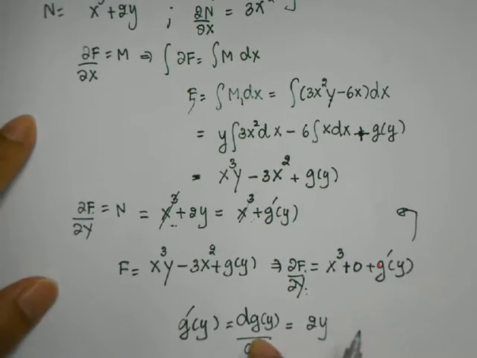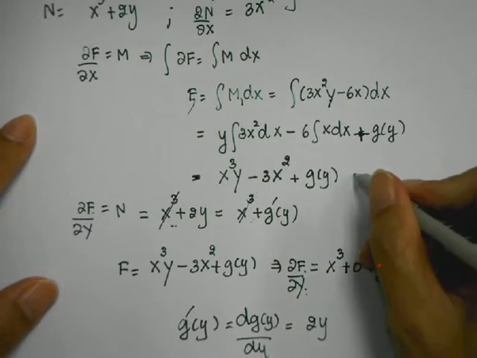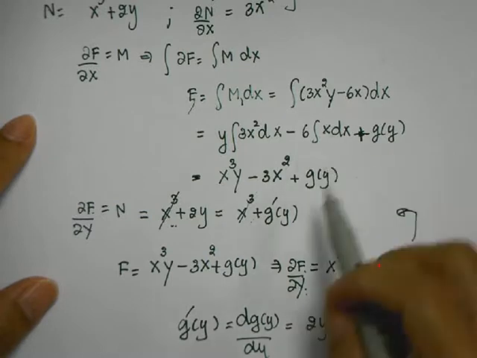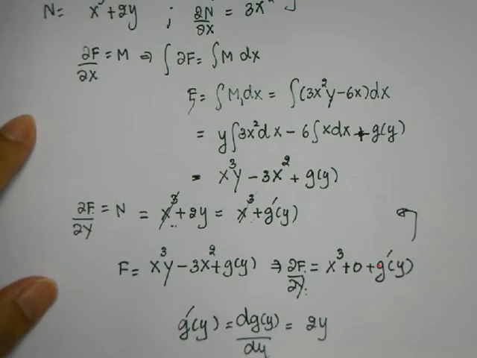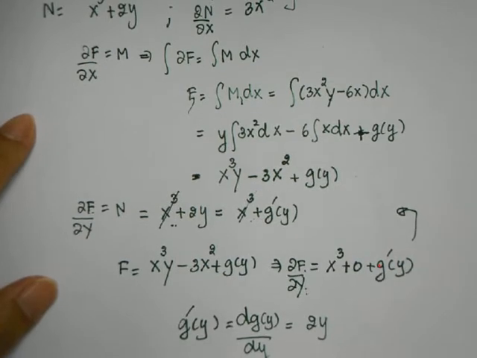Now, like I said, we're almost done finding f(x,y), only if we know g(y). And this is the equation that lets us find g(y). So we know that g'(y) is equal to 2y dy.